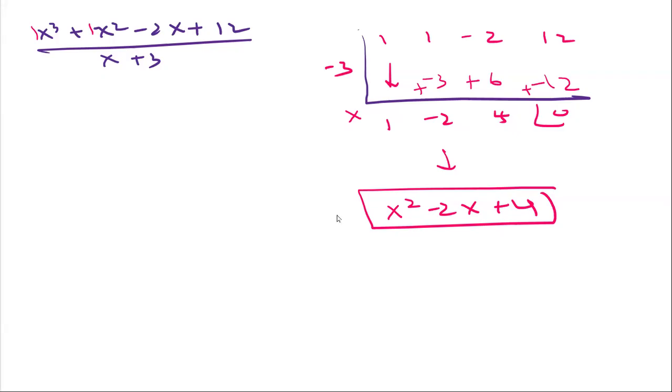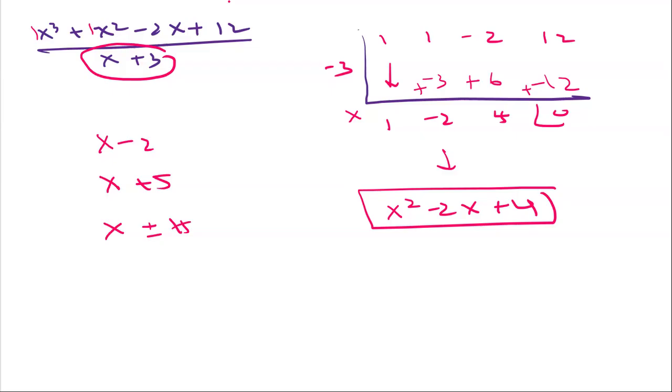And also I want to mention the most important part about synthetic division is what you're dividing by. As I mentioned before, you can only do this when you have a factor like x plus 3. So x minus 2, x plus 5, x plus or minus whatever number you want, it will work.